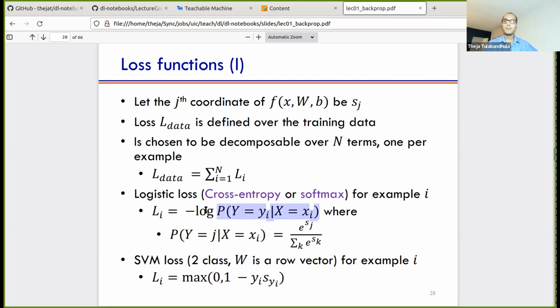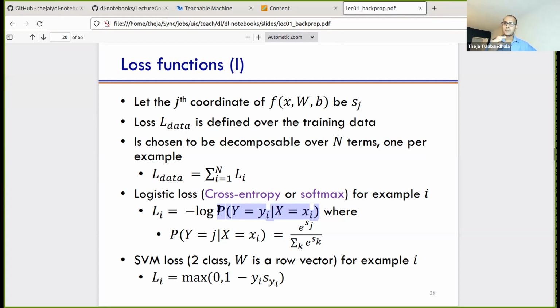If that is high, then the log of that probability is going to be less negative. Probabilities are all between 0 and 1, so the log of a number less than 1 is generally negative. For example, log 0 is minus infinity.